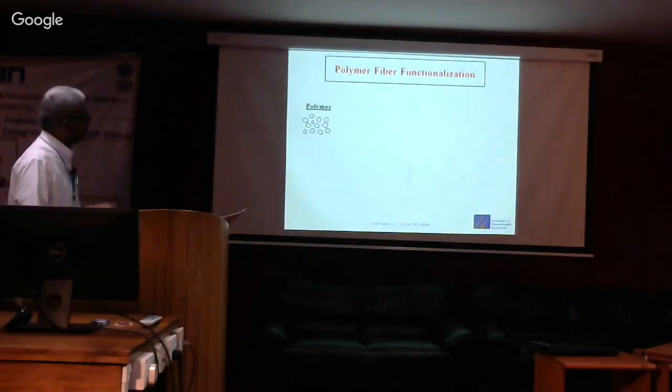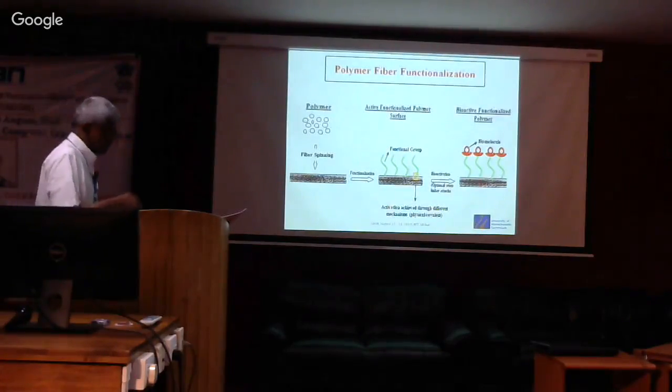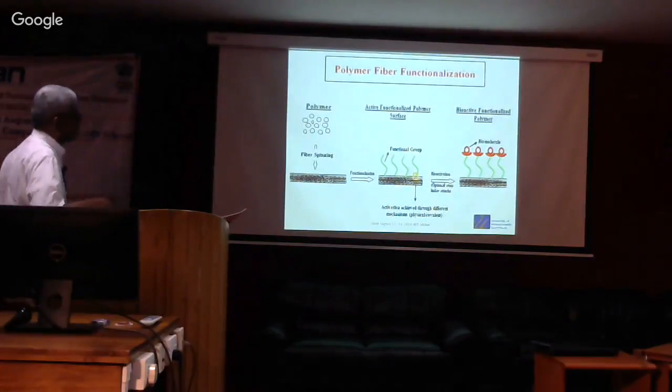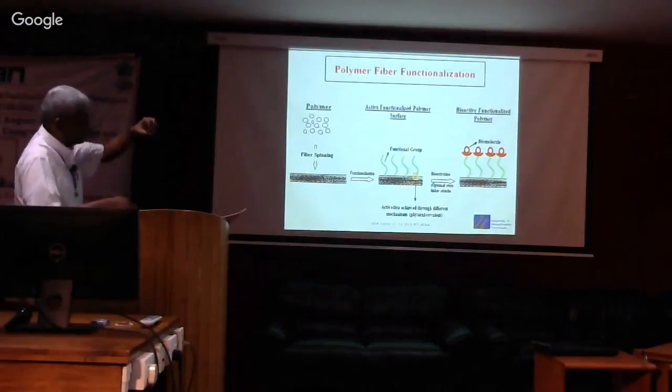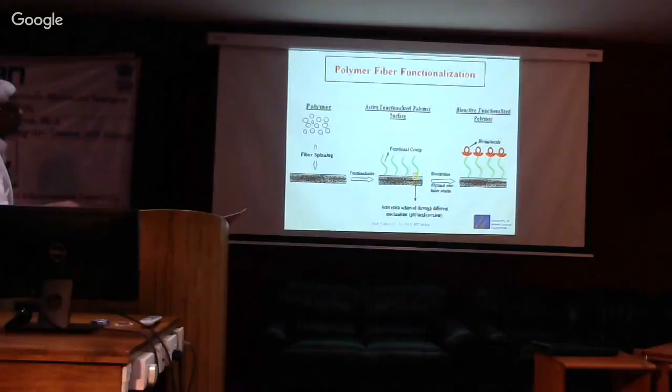Now, in our case, we take this polymer and make a fiber out of it, and I'll come to how we make the fiber. On this functionalized surface, the fiber is kind of jutting out of the surface.